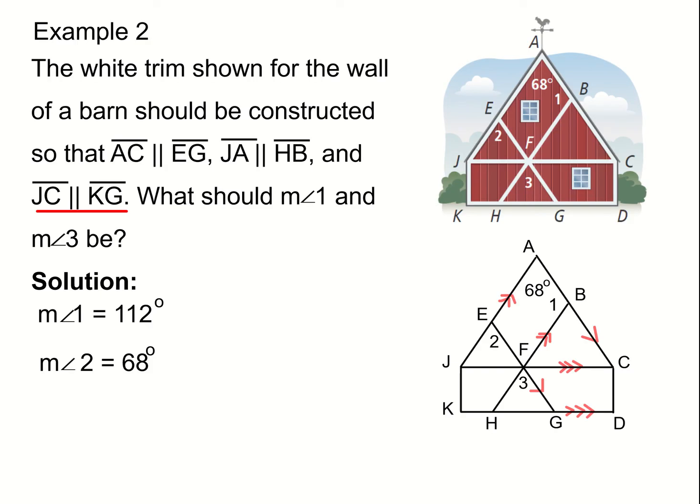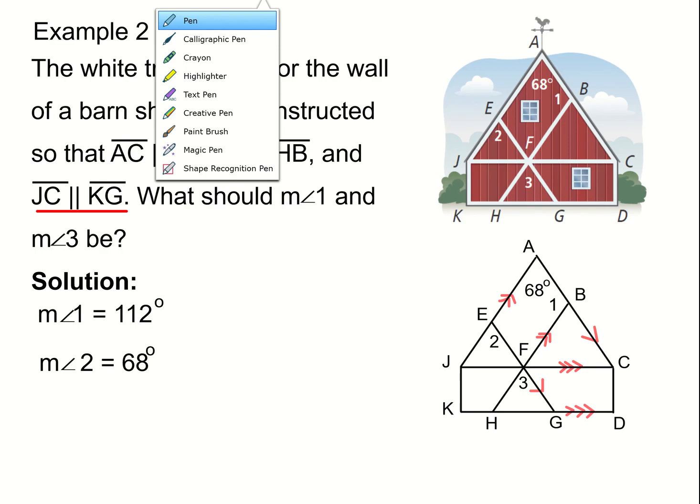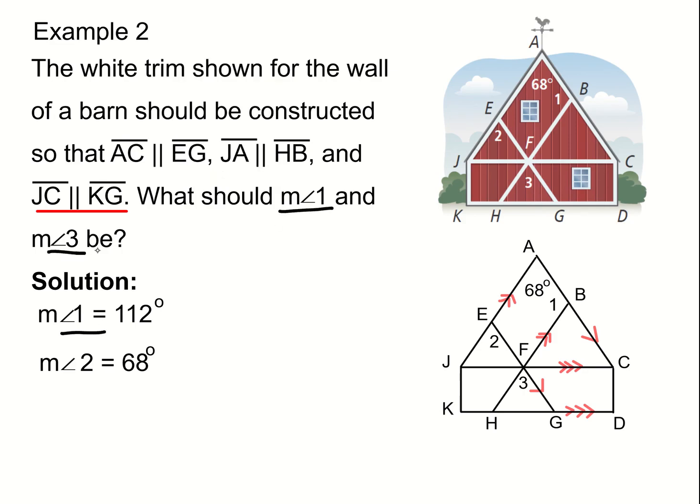All right, so it looks like in this case, we found another angle, angle 2. Now we found angle 1 here, and we want to figure out angle 3. So we found a little bit of extra information, but how would we figure out angle 3? Well, angle 3, if you were to think of these as your parallel lines, and I'll use another color here, you can think of this as your transversal.